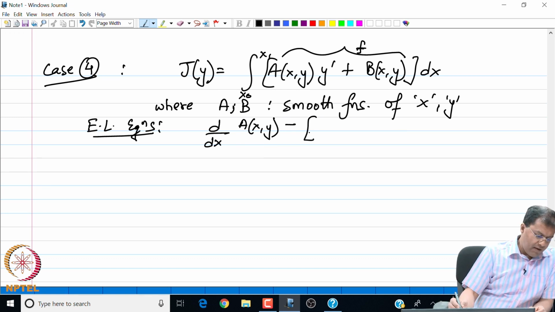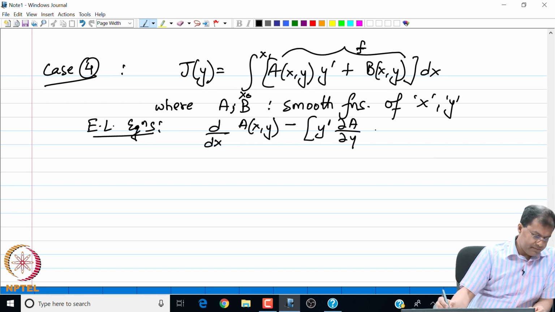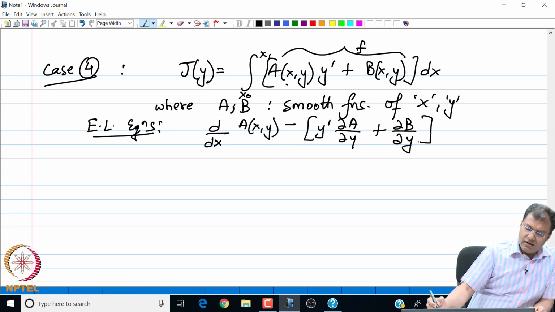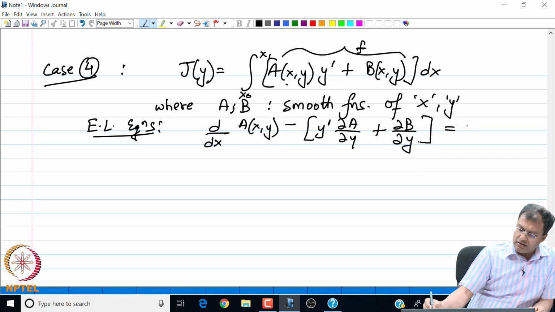So, the partial of f with respect to y is going to give me, using chain rule, y prime partial a partial y plus partial b partial y, right, because y only appears in the expressions a and b, right. And well, this is set equal to 0.